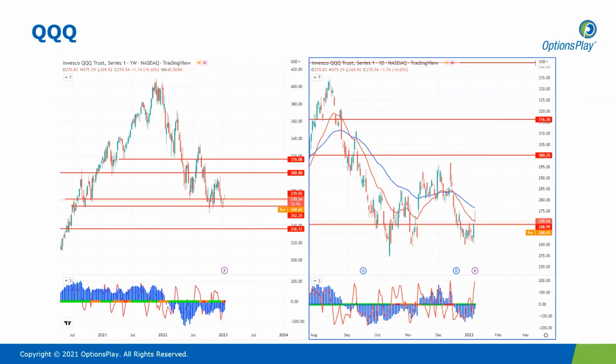This is still, again, consolidation. So a break above that 55-day exponential moving average, for me, that's what would signify a breakout and bullish price action, or even above 275. Once we get that, that would open the door for a revisit of 280 and potentially even the 290 level for the NASDAQ 100.